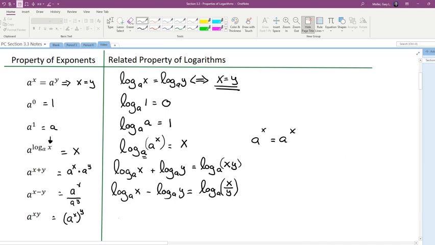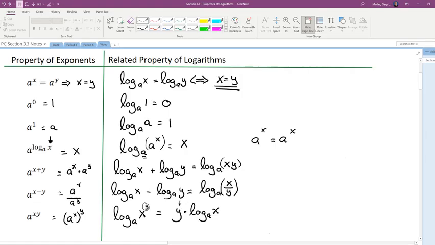And finally, we have one that says log base a of x, where that x is being raised to a power. There's a property that tells us that we can take that power, bring it down, and multiply it by log base a of x. So essentially this power moved down and became a factor.